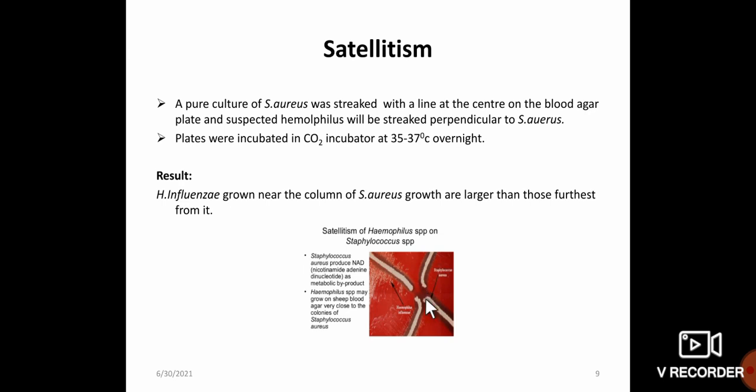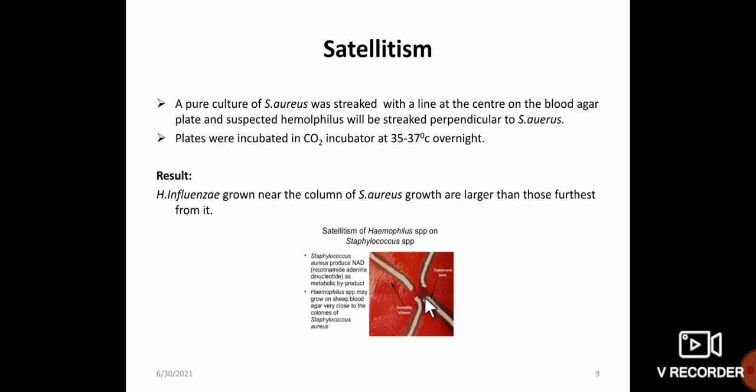Staphylococcus aureus will lyse the RBCs, and when it does, the NAD factor is exposed in the media. Just parallel to this Staphylococcus, the suspected Haemophilus is streaked, without touching the Staphylococcus colonies.